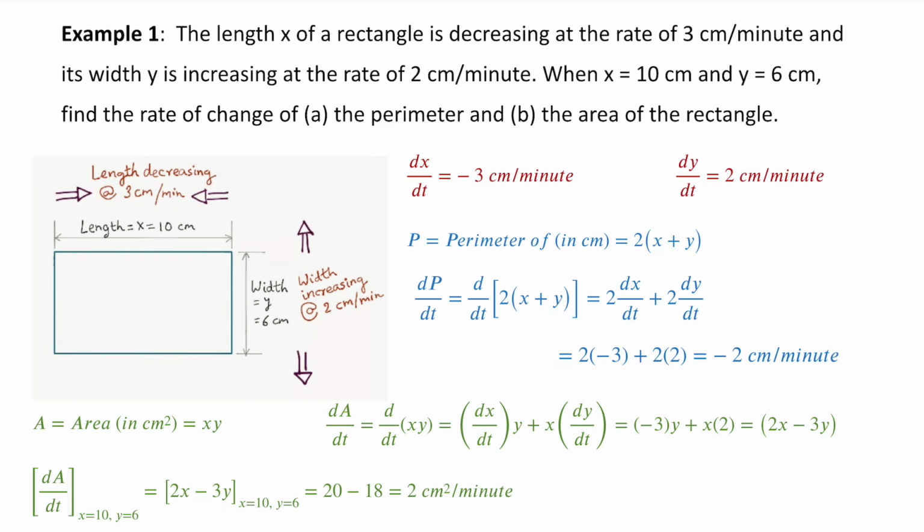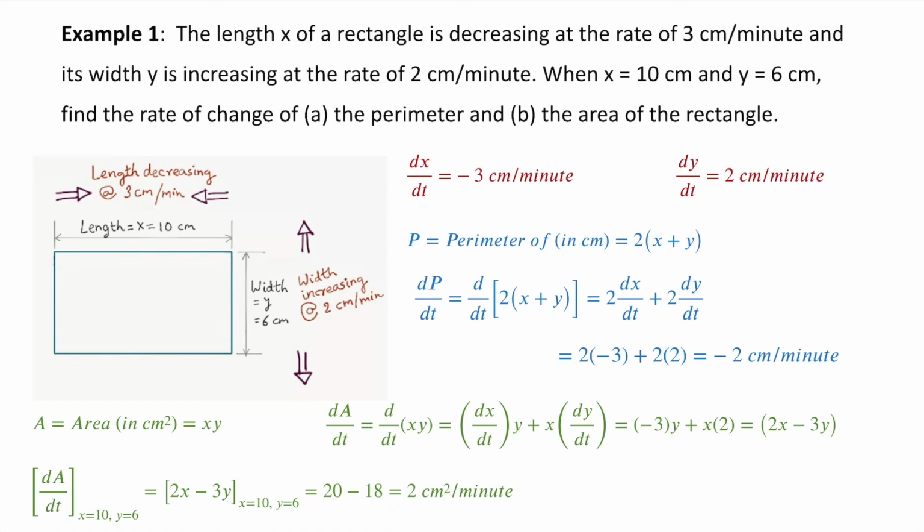So that's very interesting. While the length is decreasing at the rate of 3 centimeters per minute, and the width of this rectangle is increasing at the rate of 2 centimeters per minute, the perimeter is always decreasing at the rate of minus 2 centimeters per minute, whereas the area of the rectangle at a particular time when x is 10 centimeters and y is 6 centimeters is increasing at the rate of 2 centimeters square per minute.